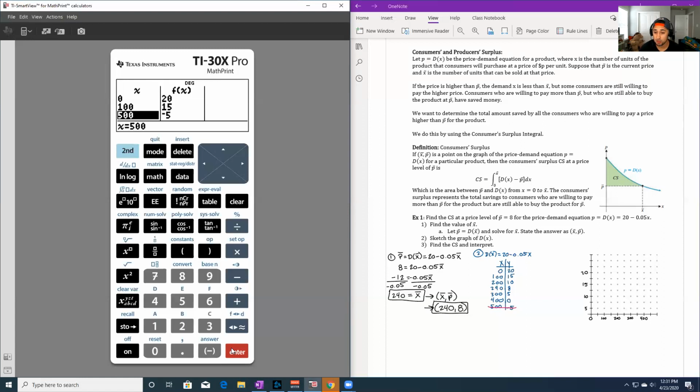All right, so when x is 0, y is at 20. So right there. And then when x is at 100, we are at 15. Right there. When 200, we're at 10. 240, somewhere around there, we're at 8.